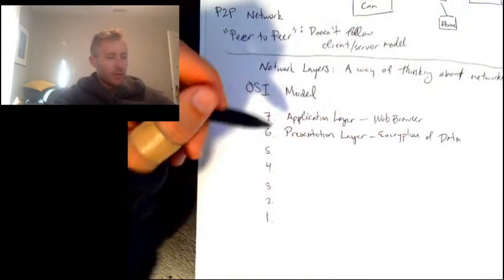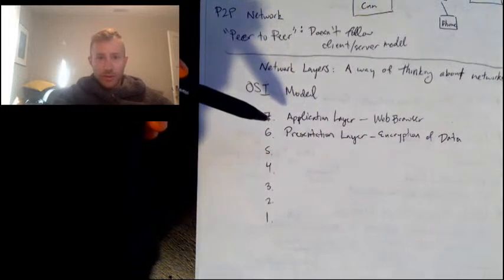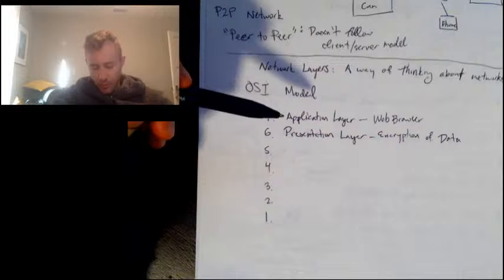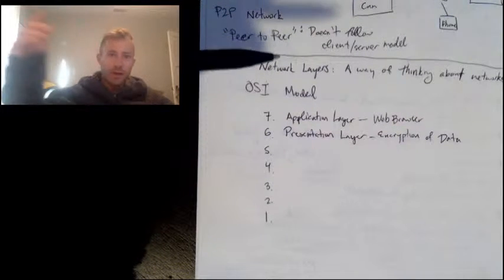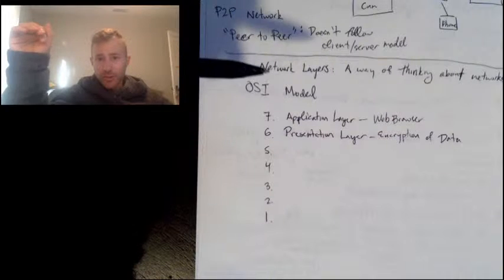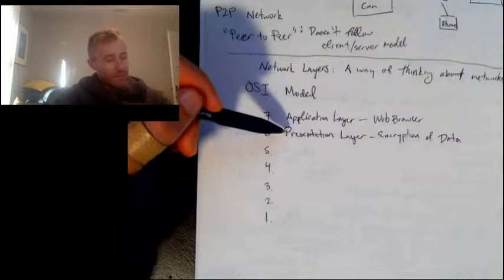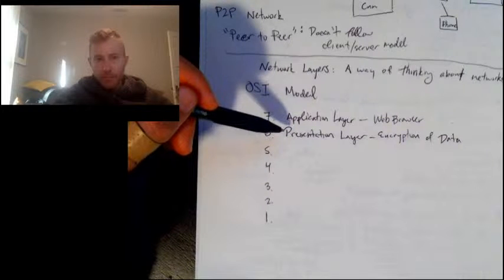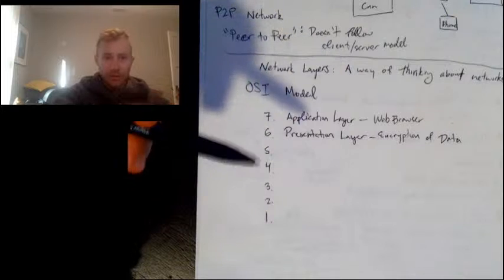Okay, so you're using the web browser, and let's say you make a request to view a web page. Then that web page is going to get sent to you over the internet, and it's going to be sent in an encrypted way. So the presentation layer handles that encryption, that decryption, so that it's secure.